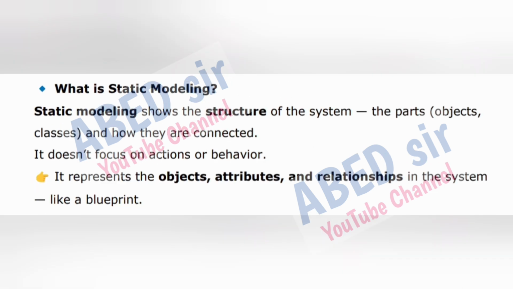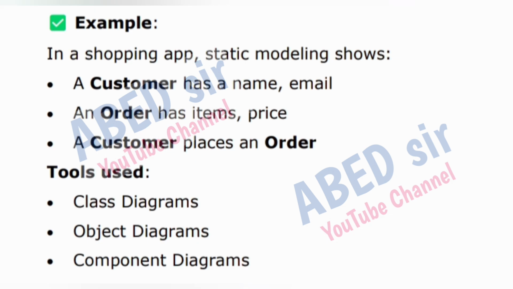What is static modeling? Static modeling shows the structure of the system, the parts, objects, classes, and how they are connected. It doesn't focus on actions or behavior. It represents the objects, attributes, and relationships in the system like a blueprint. Example.